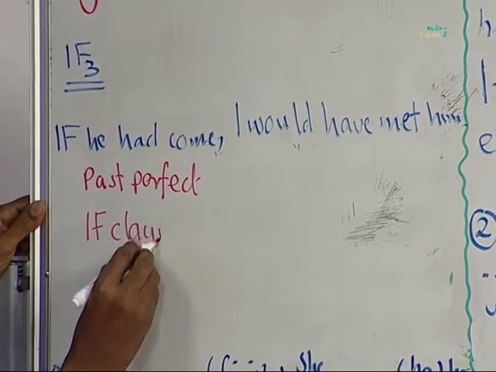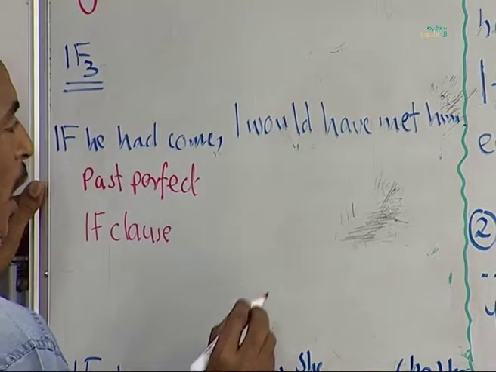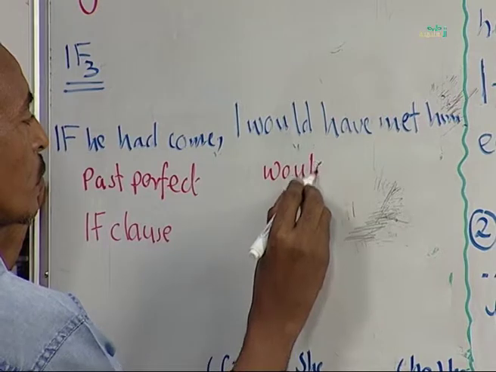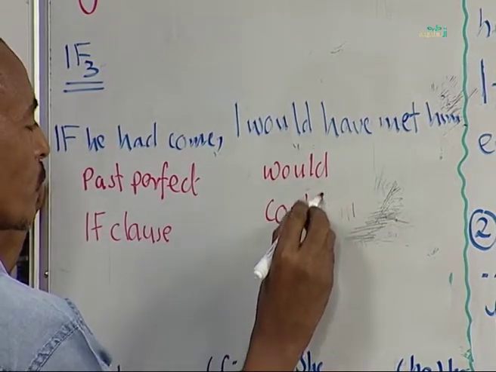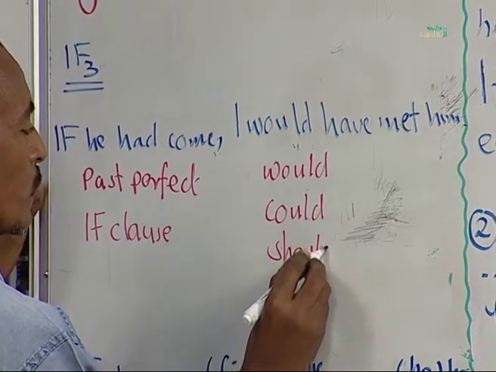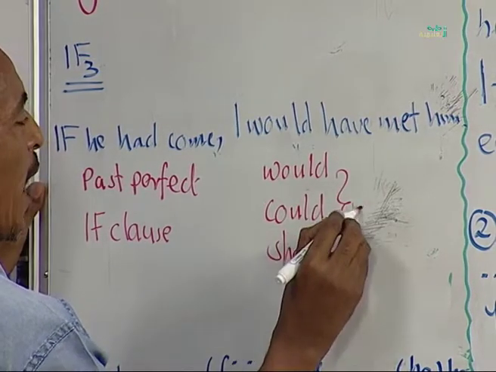With the if clause, we have the past perfect. In the main clause, we have would or could or should, all of them plus have.